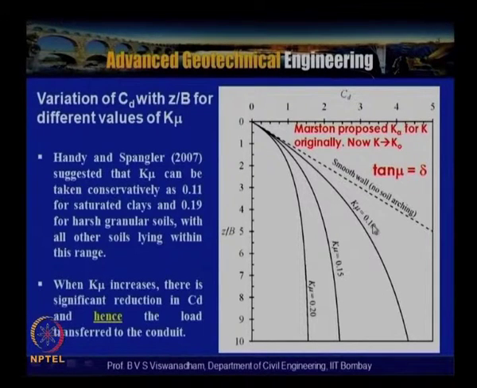But for most of the soils where K mu falls between 0.1 to 0.2, when K mu increases, there is a significant reduction in the CD value, hence the load applied onto or transferred to the conduit also will be less.